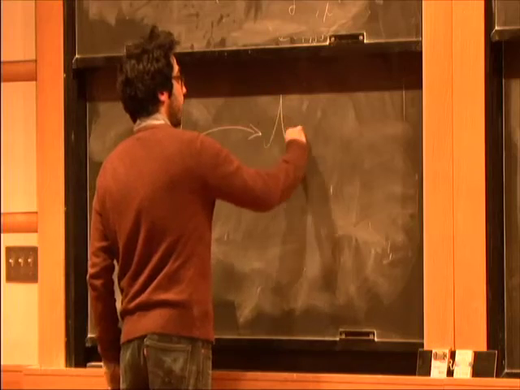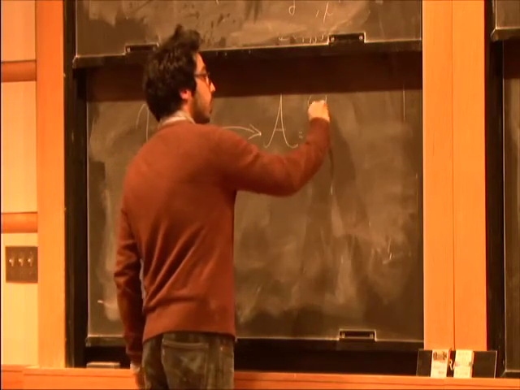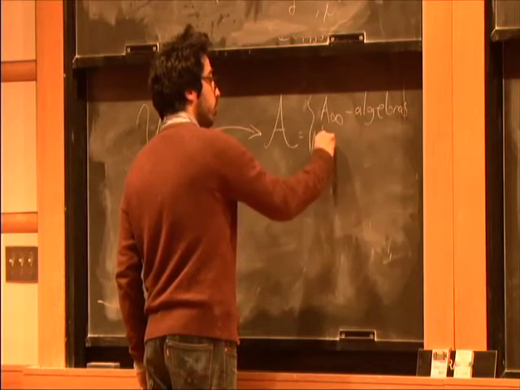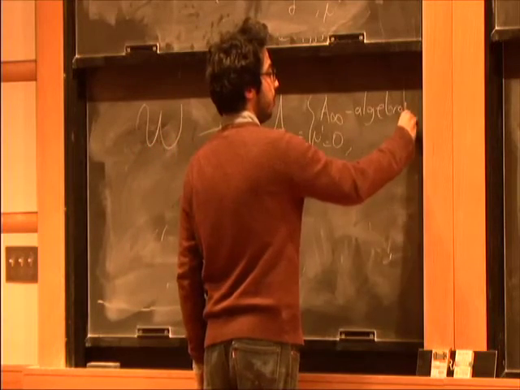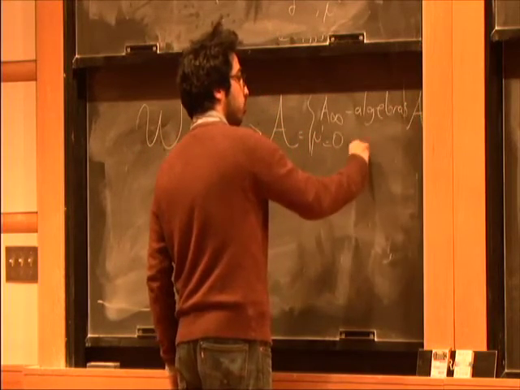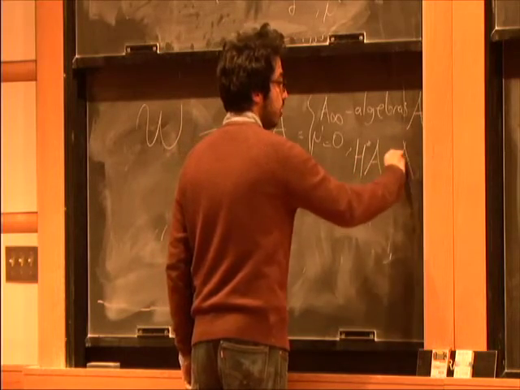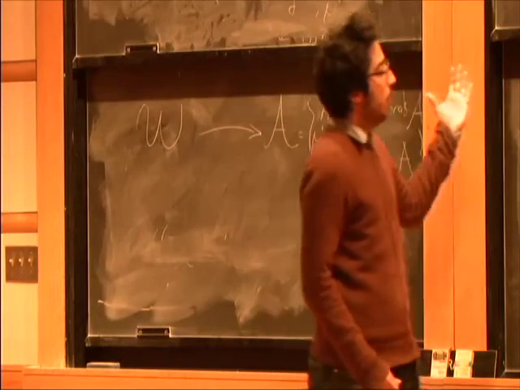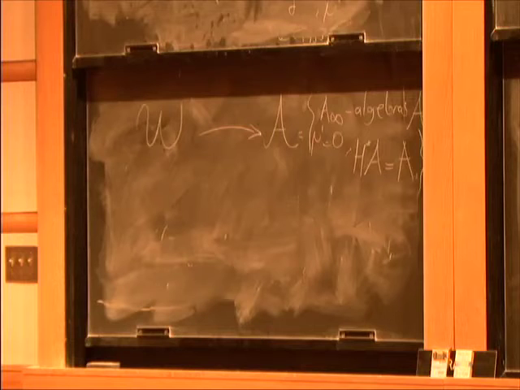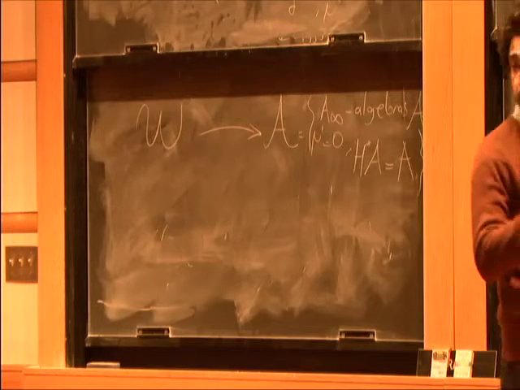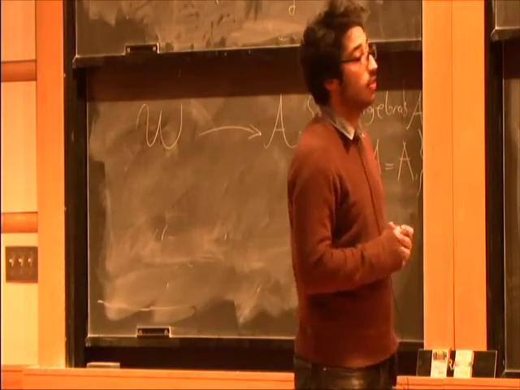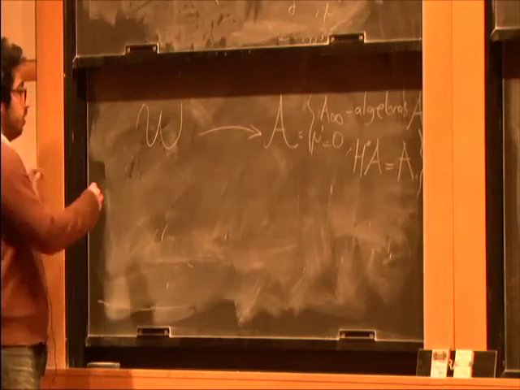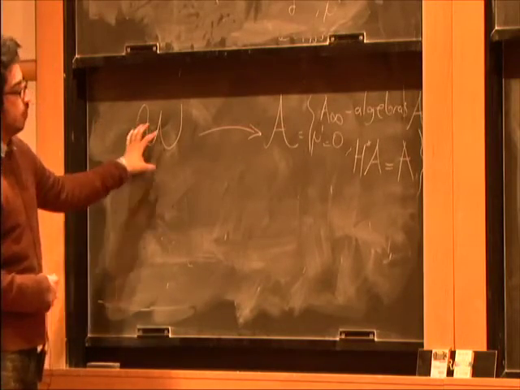So let me call this A, which is the set of A infinity algebras with mu1 equal to 0, such that its cohomology is the given algebra A. Remember, I told you that from any Weierstrass curve, I can obtain an A infinity algebra with its cohomology given by this explicit A that I described, and then it has these higher products. So there's this map from any Weierstrass curve.